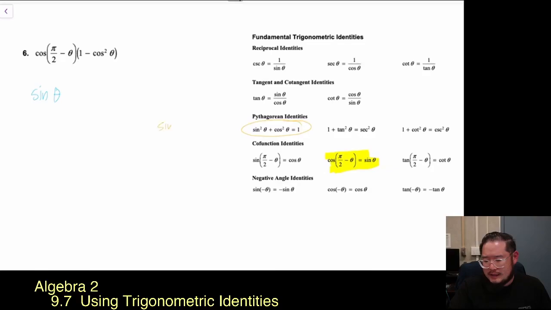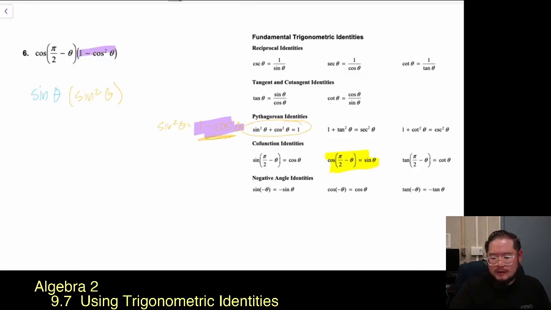If I take sine squared theta and set this equal to 1 minus cosine squared theta, because I subtracted cosine squared from both sides, oh man, that looks like this. Now it looks the same as that, right? They are both exactly the same. So now I can substitute in for 1 minus cosine squared theta, sine squared theta.